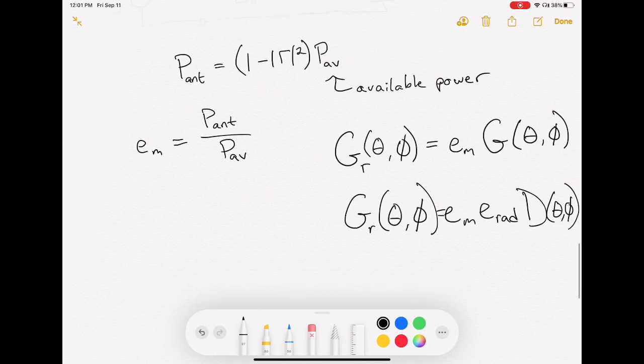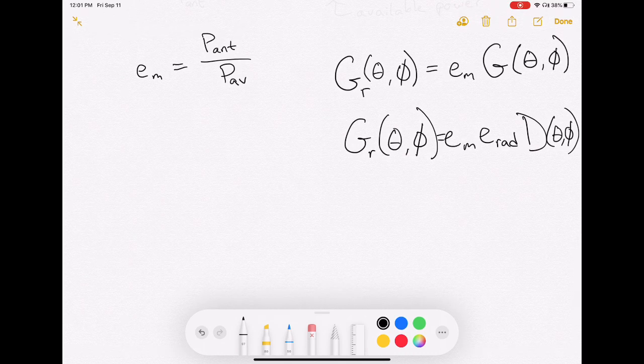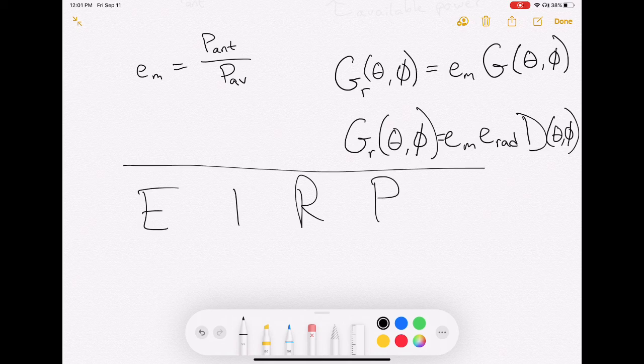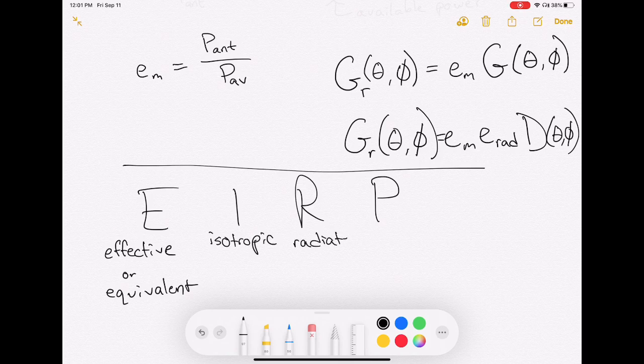One last thing for today. Now we got to talk about EIRP. Now this stands for effective, or some people say equivalent. Both are okay. Isotropic radiated power.